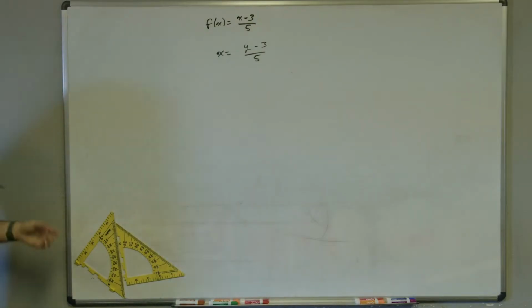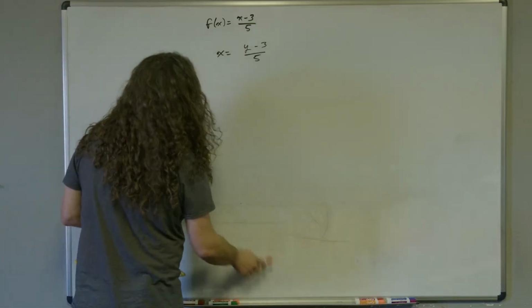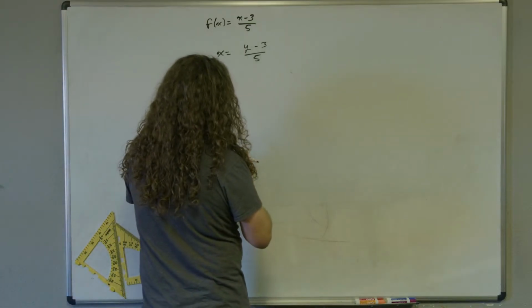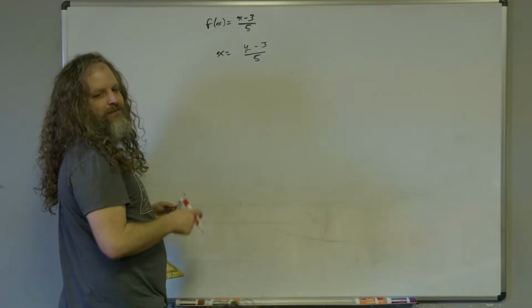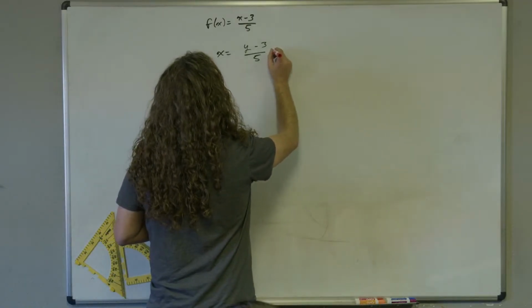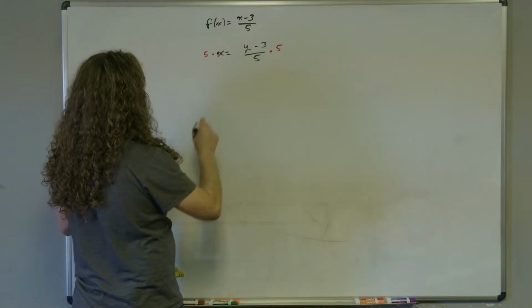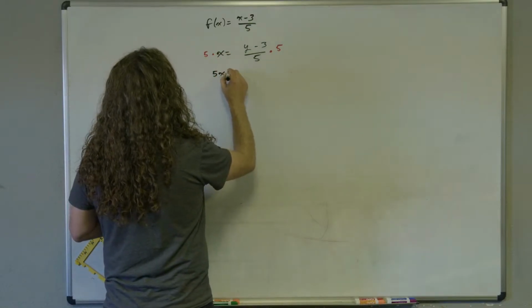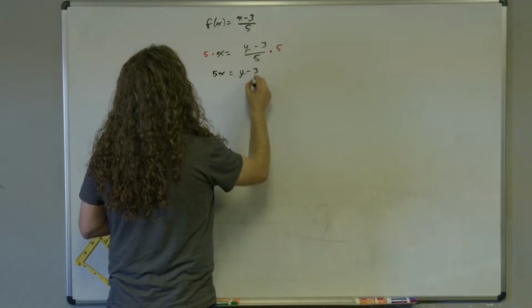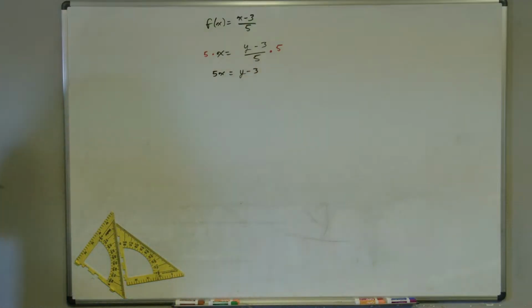Yeah, because we're solving for y, right? That's our goal right now. Because now we want to put this in slope-intercept form, right? That's 5 times x. So we've got 5x equals y minus 3. Now what? Add 3 on both sides.